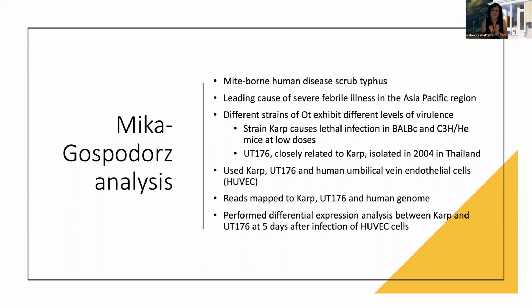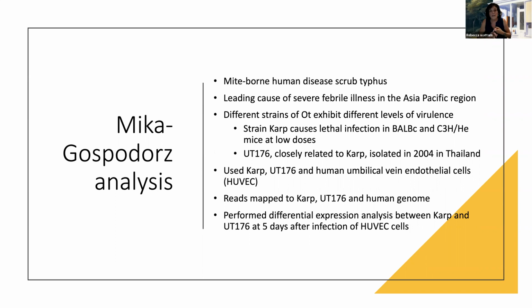This bacterium causes severe febrile illness, and the authors looked at two different strains of Orientia tsutsugamushi, which they started calling OT, because who wants to keep saying tsutsugamushi all the time.